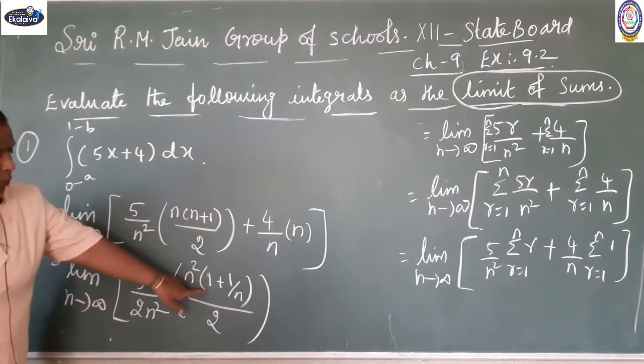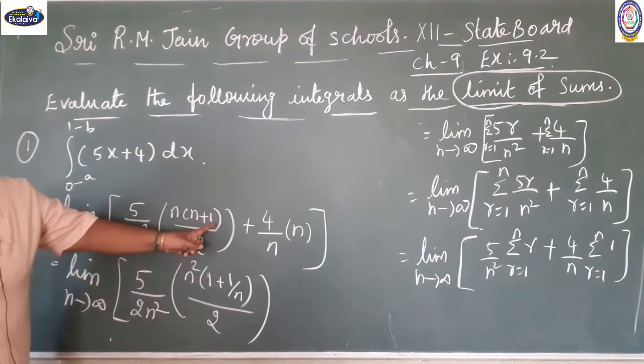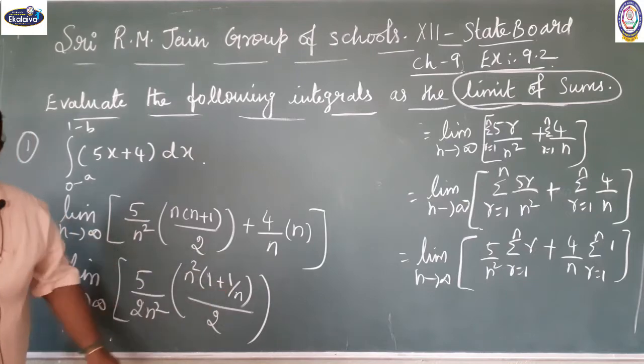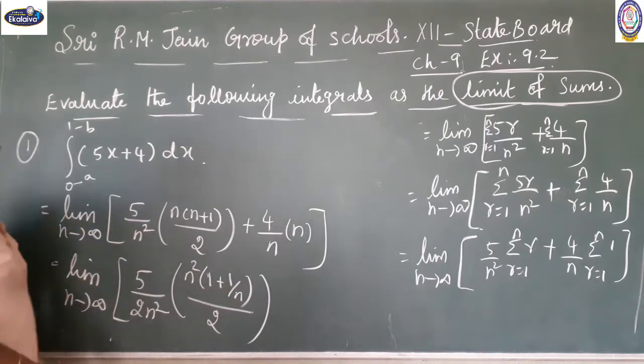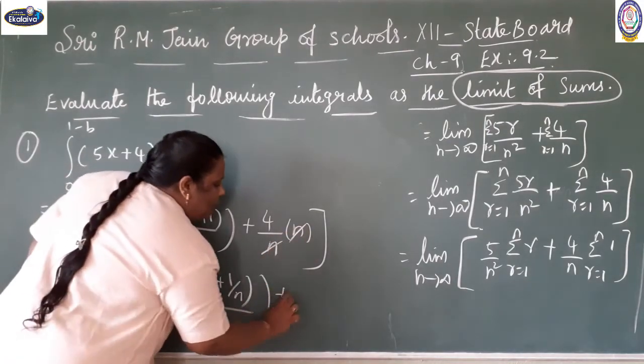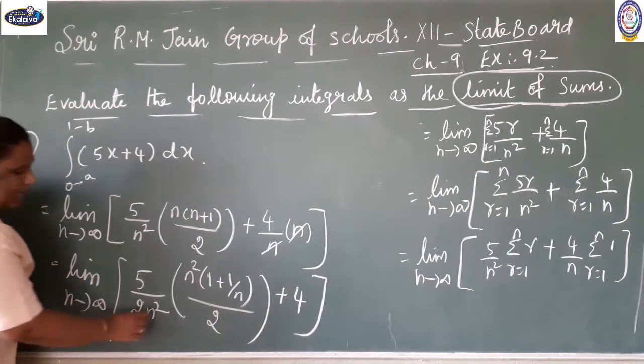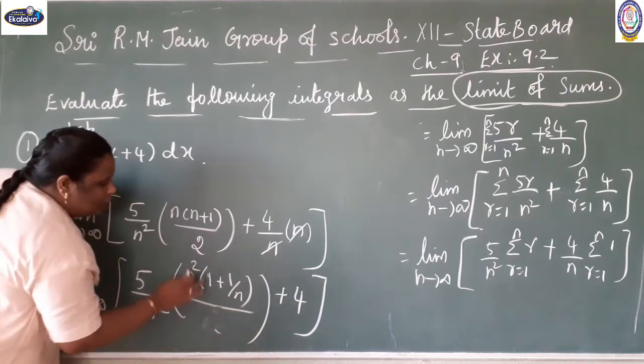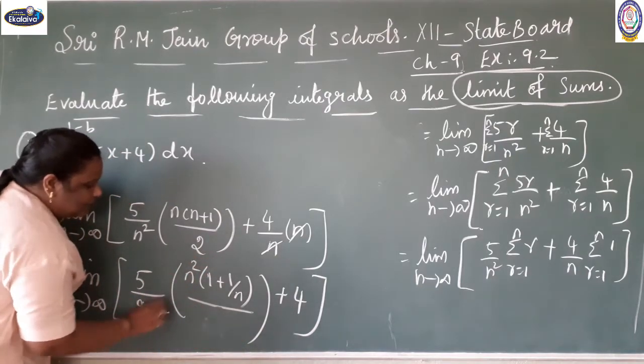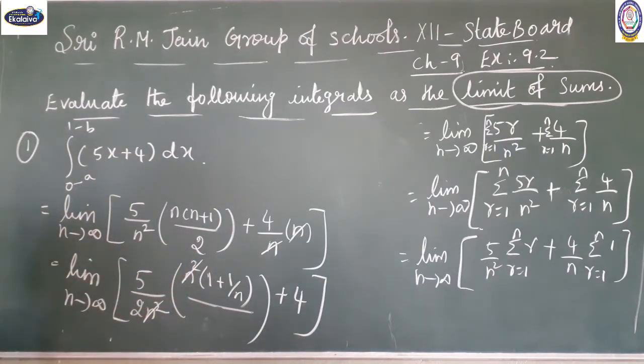This value becomes 1 and it is not a multiple of n, so you can write it in the form 1 by n plus 4. The n square gets cancelled.